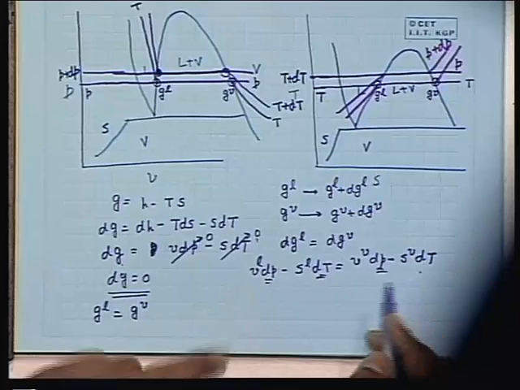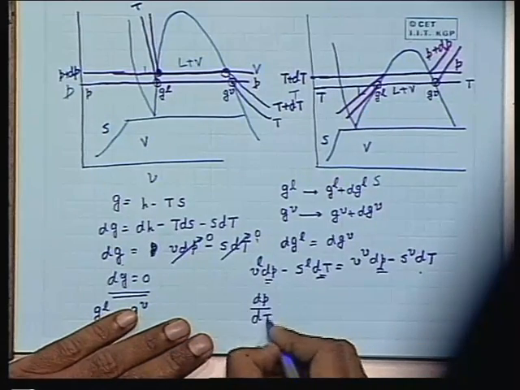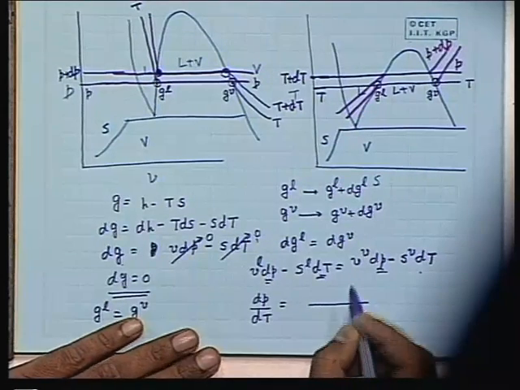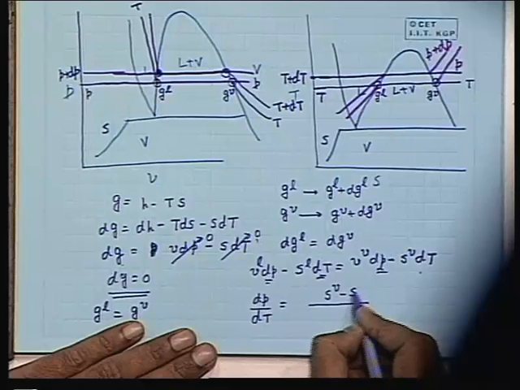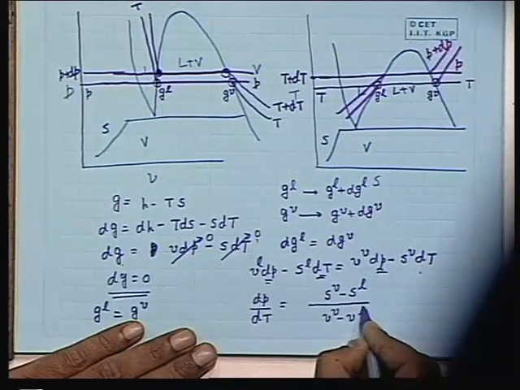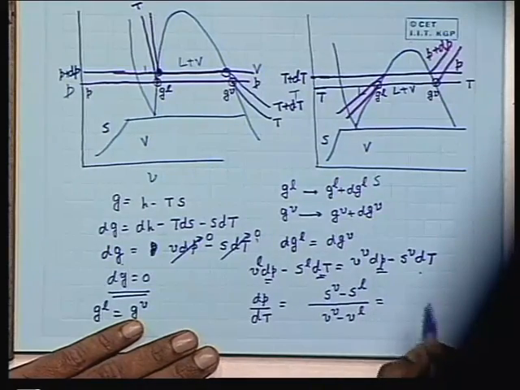This is clear? From which we get dP by dT is equal to what? dP by dT will be equal to SV minus SL divided by VV minus VL. Well, this SV minus SL is what?